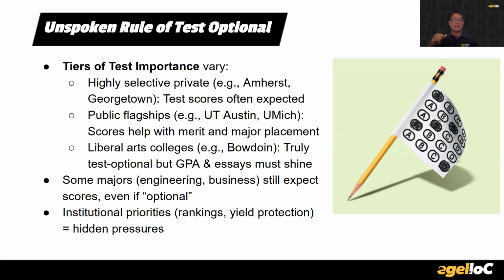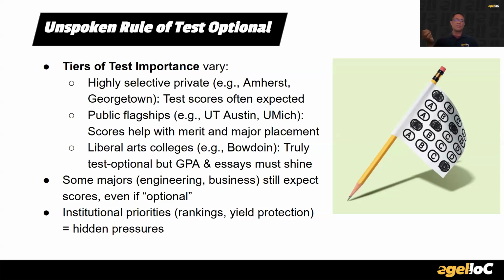So when we take a look at test scores, they can affect scholarships and honors college eligibility, even when they're not required for admissions. So you want to make sure you check the school's fine print, okay? There are also some hidden pressures, institutional priorities, for example, like rankings and yield protection.